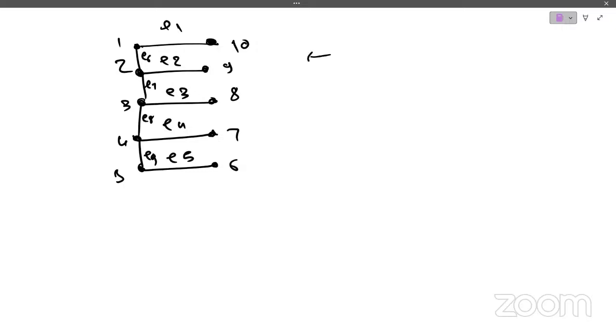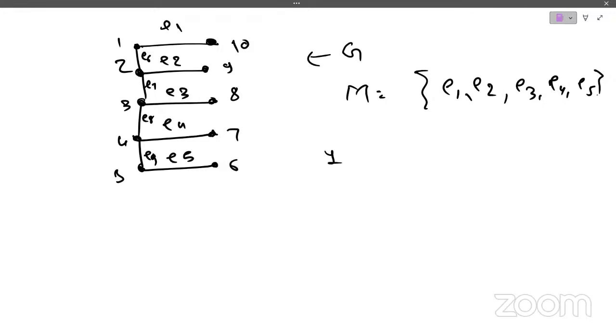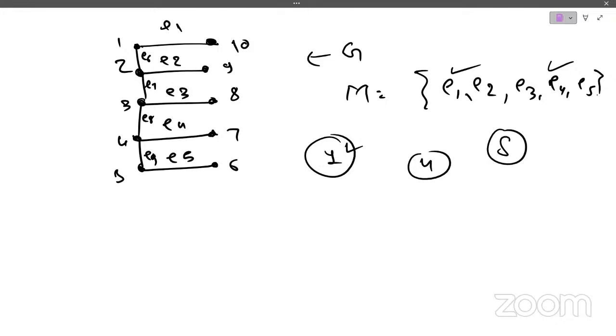Suppose this is my graph G. And I consider my matching set M to be E1, E2, E3, E4, E5. Then you can observe, if I take vertex 1, then 1 is the endpoint of E1. Similarly, if I take 4, then 4 will be the endpoint of E4. Similarly, if I take 8, then 8 will be an endpoint of E3. So that means these edges are covering all the vertices.